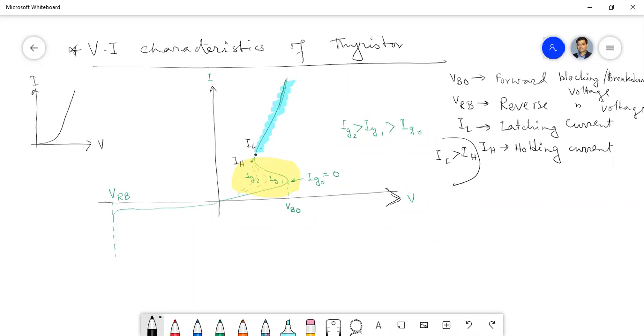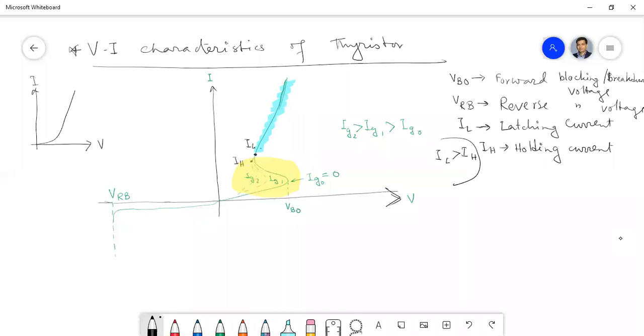That is nothing but the forward blocking voltage, only to puncture junction 2. In the forward bias condition, junction 2 is the only reverse biased junction. So this VB0 is required to puncture that particular junction, and conduction will start.